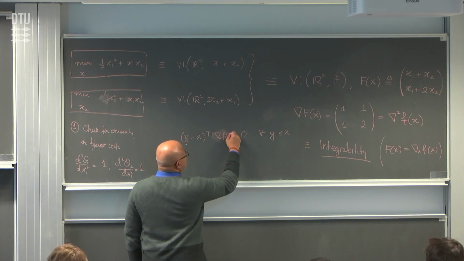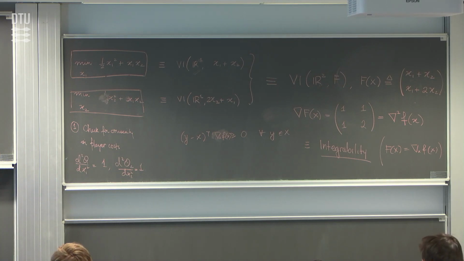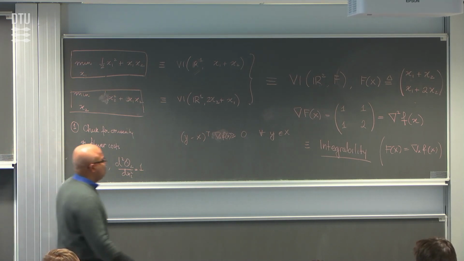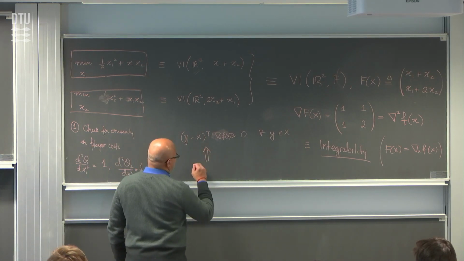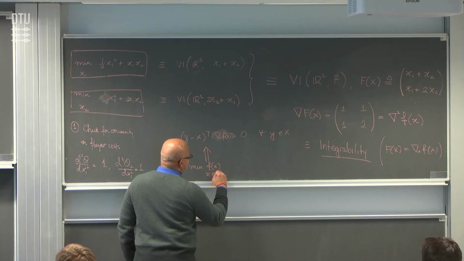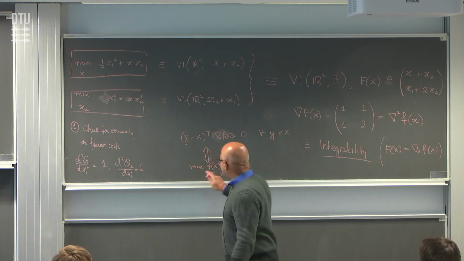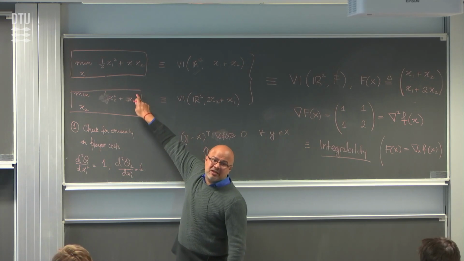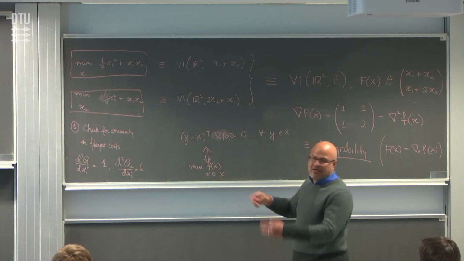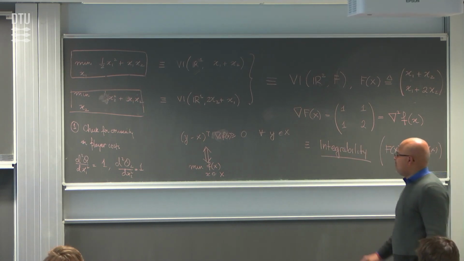But what is this? This is the stationarity condition of an optimization problem. It's necessary and sufficient if it's convex. Otherwise, it's only necessary. So this is the necessary condition of minimize f of x over x in X. But we're always interested in necessity and sufficiency, because I want to make sure that if I work with this problem, I get exactly an equilibrium of this game. So these arrows have to be bidirectional.